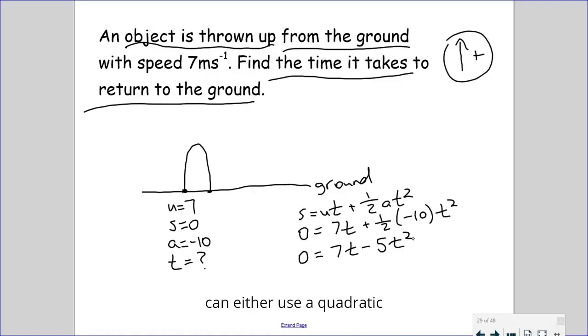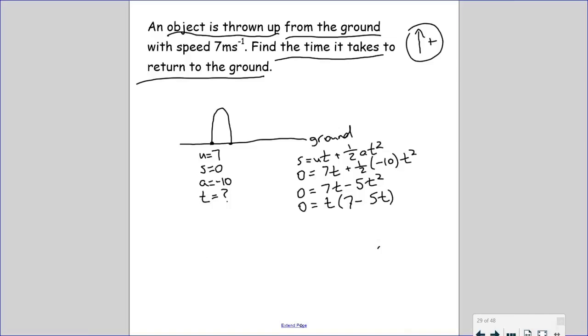Now you can either use a quadratic formula or we can just factorize, which I will do here. So we can take T common. Okay, now when you have this situation and this is 0, then we can separate the T and the bracket. So one answer would be T equals 0.